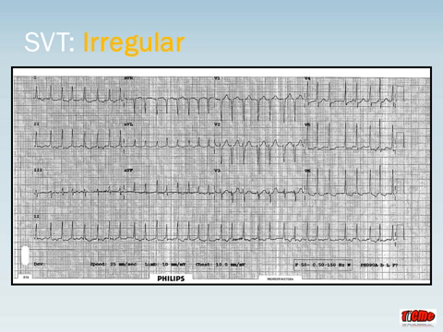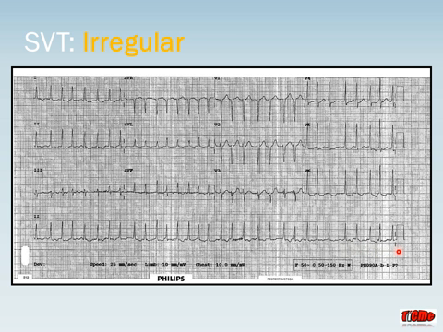Okay, so let's look at our first irregular narrow complex tachycardia. Be happy enough looking at the baseline that it is definitely irregular. If it's irregular, we need to decide whether there are P waves or not, and you do see some fluctuations up here that may be P waves, but if we look along the rest of our rhythm strip, I think you agree there aren't any regular P waves which are associated with the QRS complex.